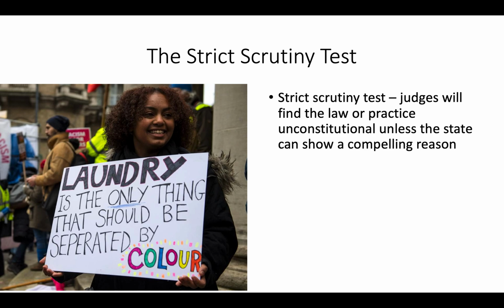So the purpose was to reduce drunk driving, okay? The classification was that males 18 to 20 could not buy beer, but females could. That classification wasn't close to the purpose, because females could still buy and give beer to the males between 18 and 20.